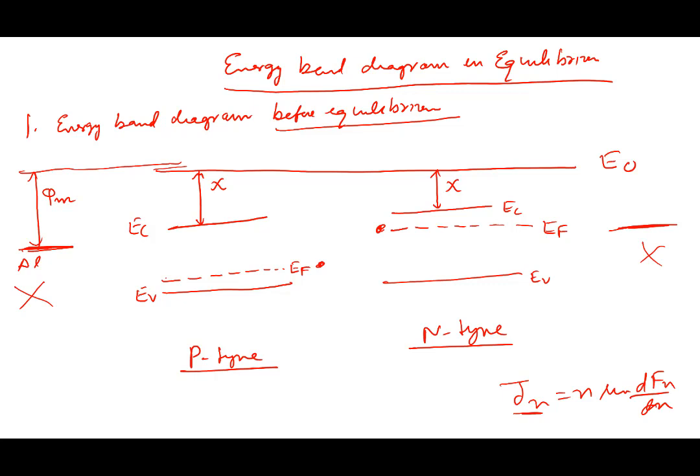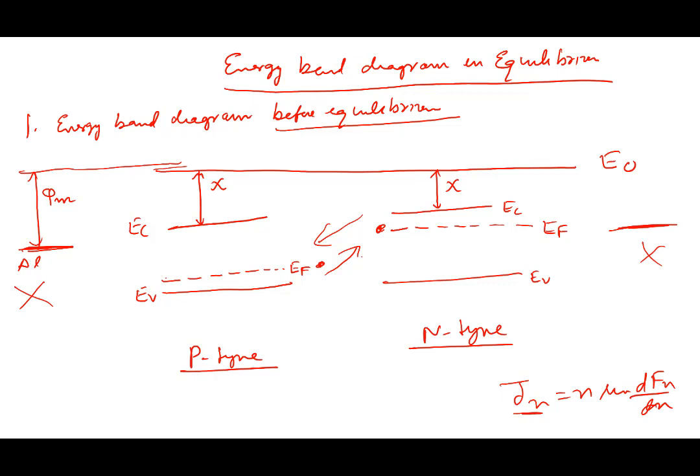So now if I put the p and the n together, you know that the electrons are going to flow from the n to p region. It's the opposite for the holes. Electrons are going to flow from n to p, and holes are going to flow from p to n.